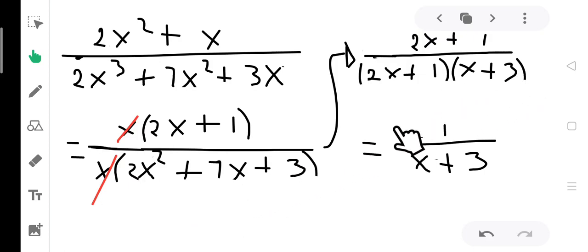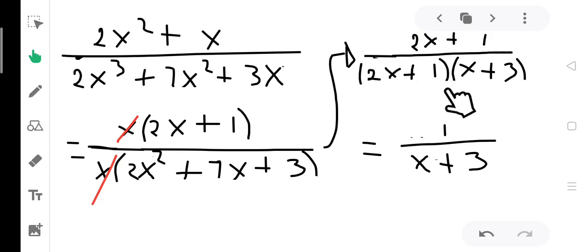Now, to check the middle term, we have 1 times x, that is x, and then 2x times 3, that is 6x. So 6x and x, that is 7x. So all the three terms here are satisfied. Therefore, these are the correct binomial factors of this trinomial.